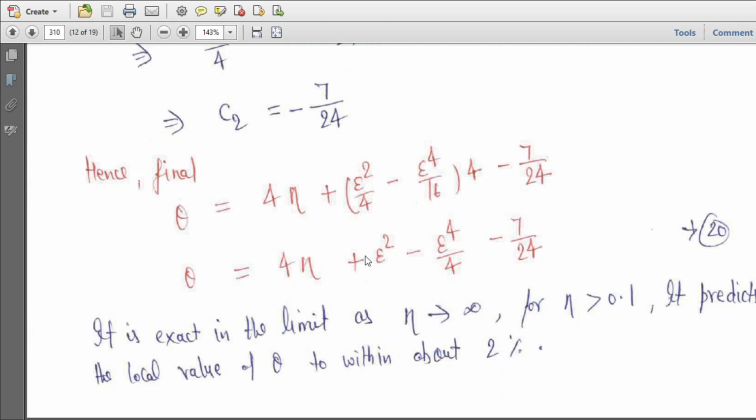It is exact in the limit as eta tends to infinity. For eta greater than 0.1, it predicts the local value of theta to be within about 2%.